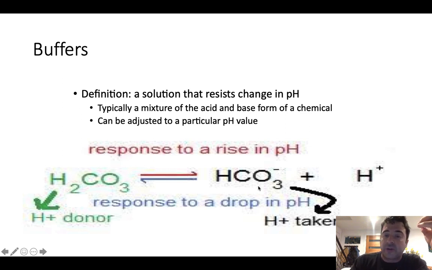In other words, if the pH drops too low, meaning you add hydrogen, the weak base will activate, removing that hydrogen from solution.